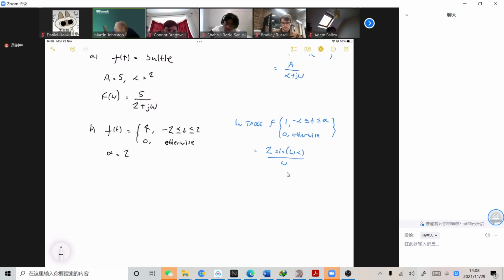And what we're finding, the Fourier transform of this, is the same as 4 times the Fourier transform of the rectangular pulse that's in the table.